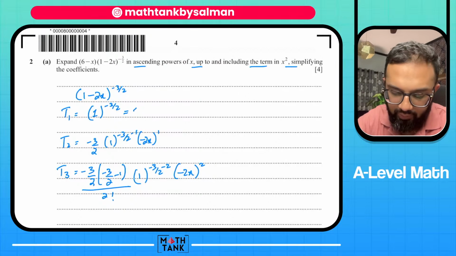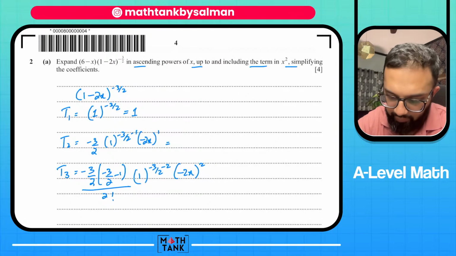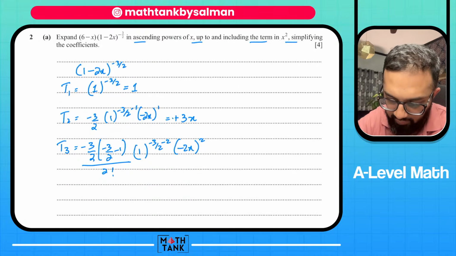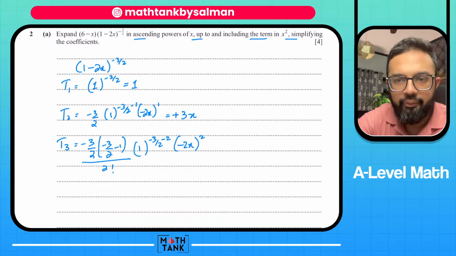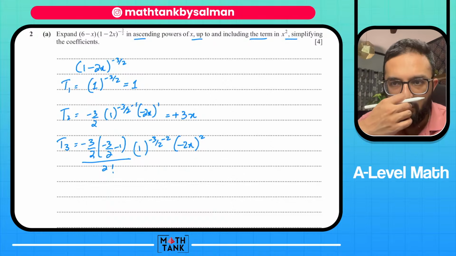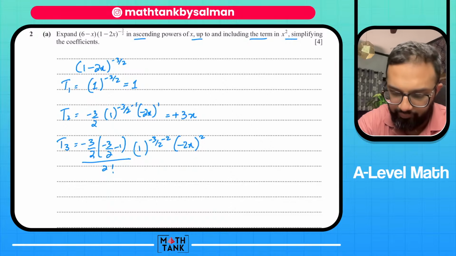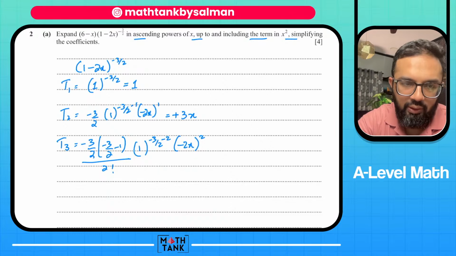Calculate this one is 1. That's easy. This one is minus 3x, I think, or rather plus 3x. I'll have to calculate that one.